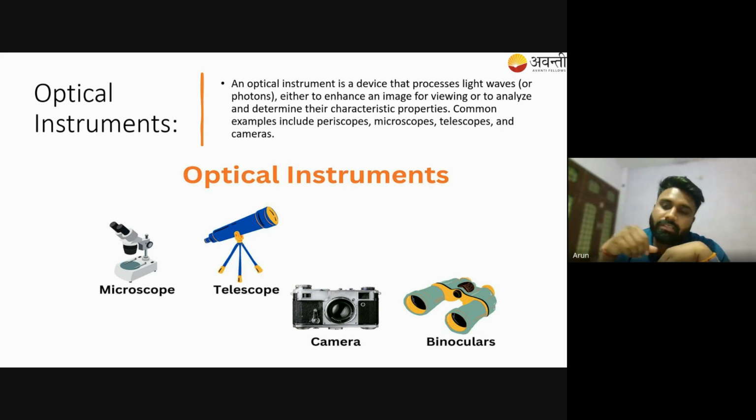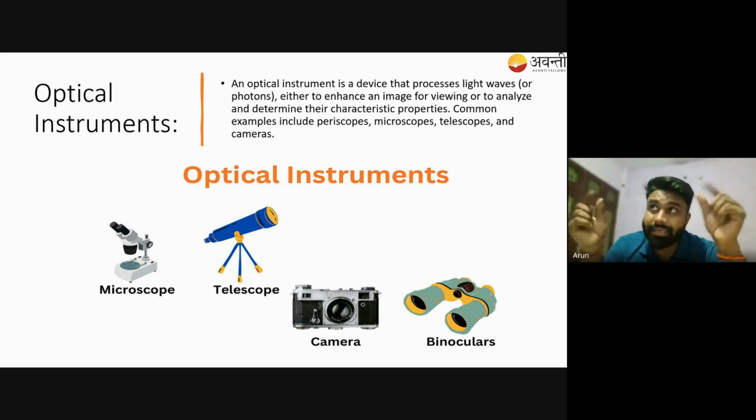Now, what does a telescope do? A telescope is also a device which we use to observe astronomical objects. If we are observing the moon, the moon is very large as compared to this. So what is it doing?